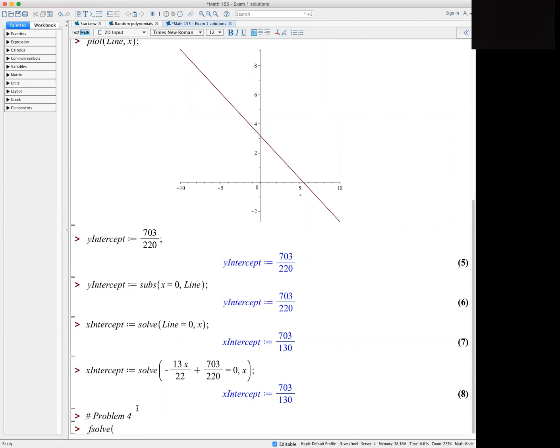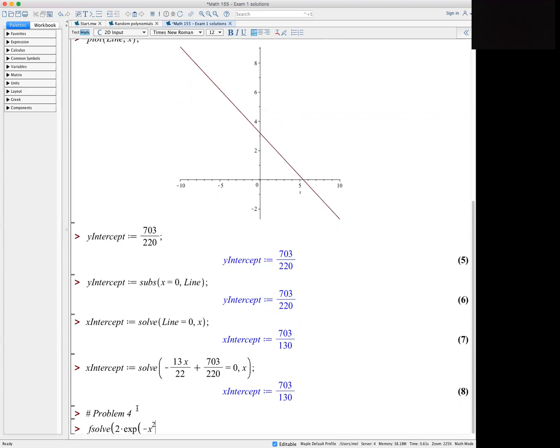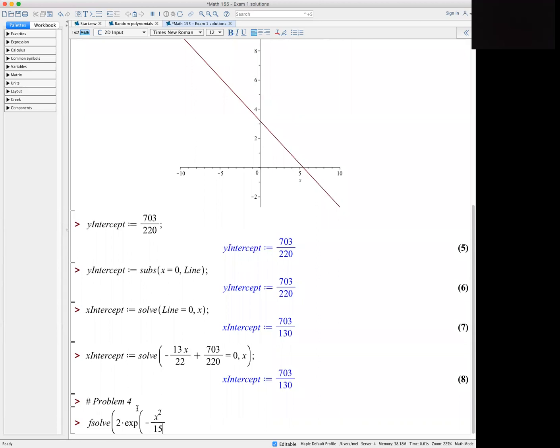And the equation is 2 times e, which we have to write as exp, e to the minus x squared over 15 equals 2 plus the sine of x minus 1. So that's the equation, and we want to solve it for x.